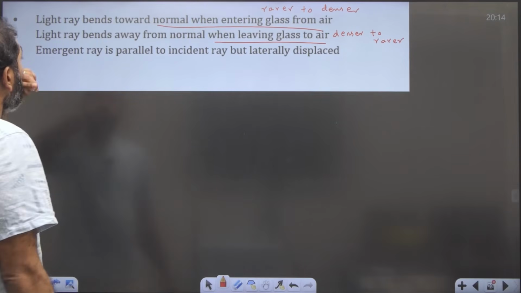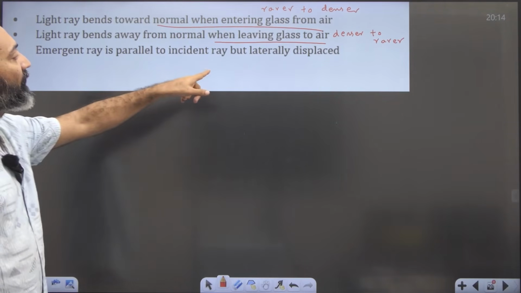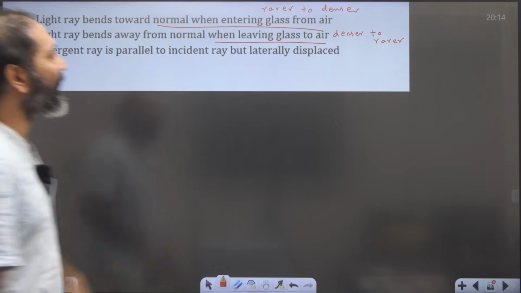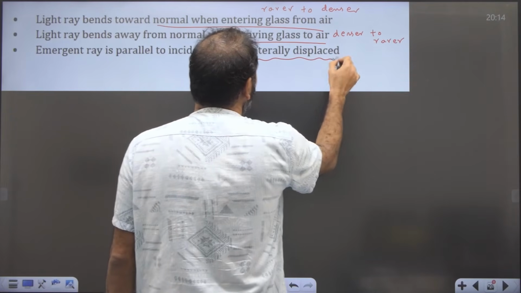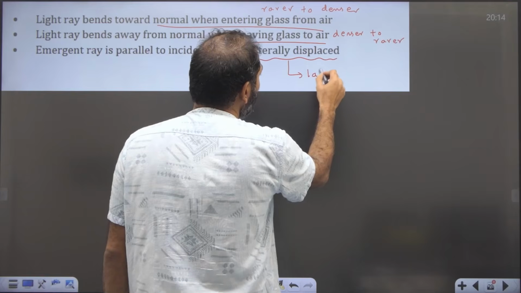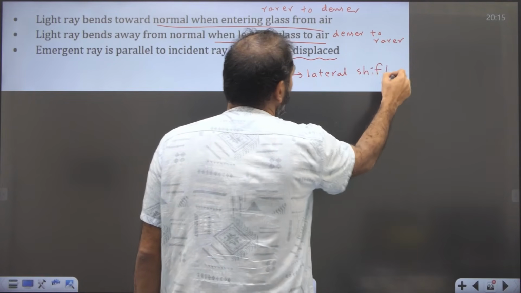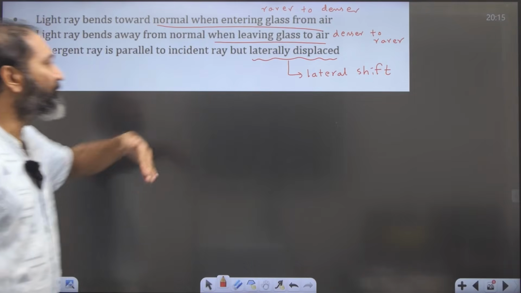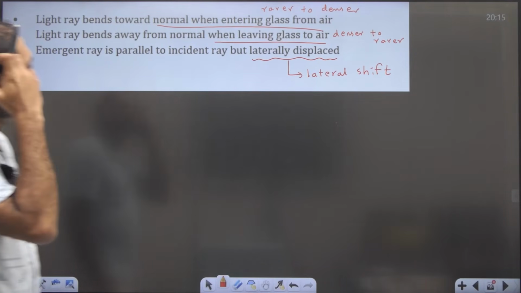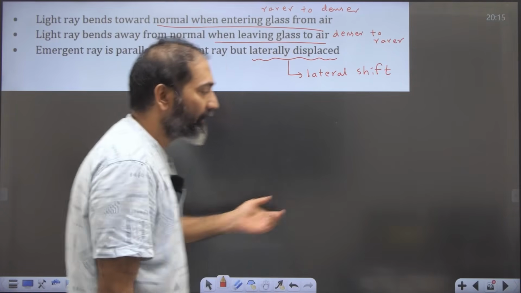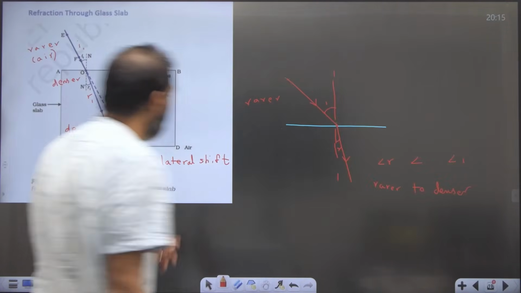The emergent ray is parallel to the incident ray but laterally displaced. That we have shown in the figure. That lateral displacement is called lateral shift. The light ray has been laterally displaced. See, the emergent ray is parallel to the incident ray, that you can see.